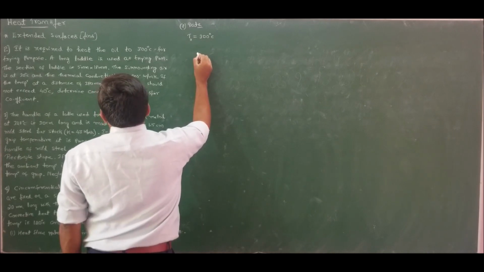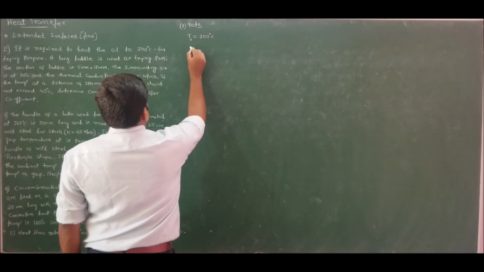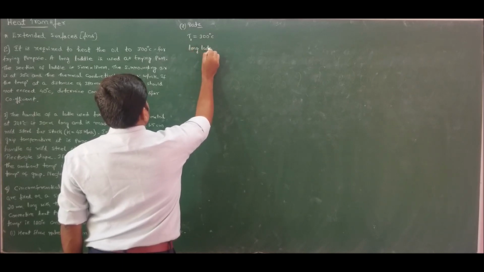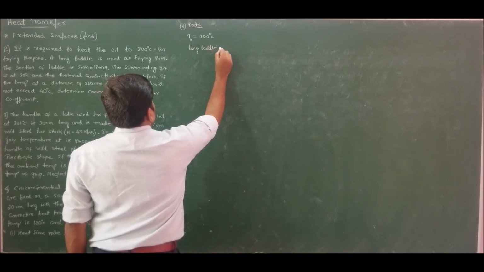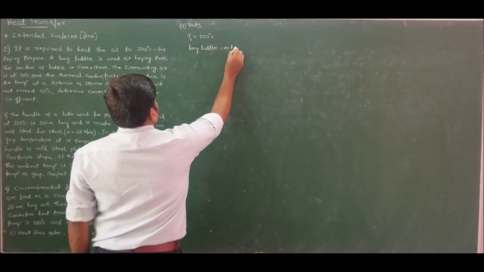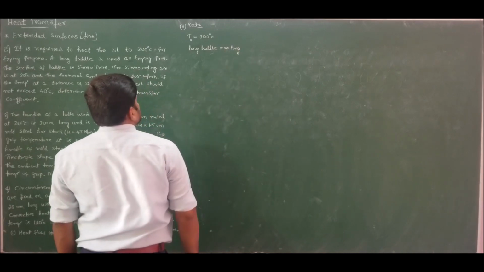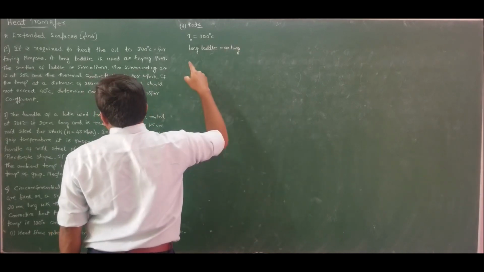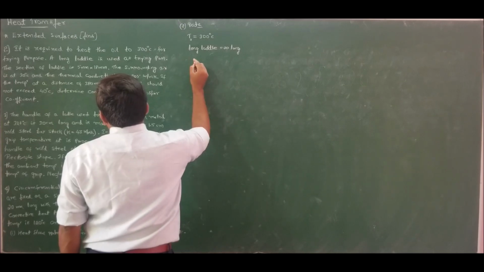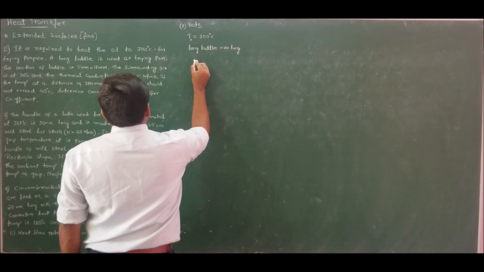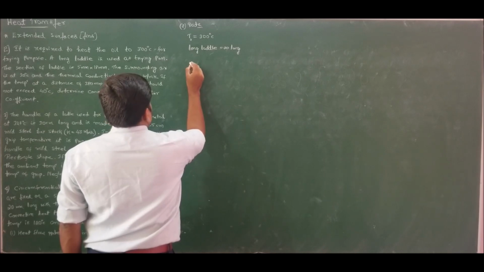A long ladle is used as frying pan. Since he is stating a long ladle, we can consider it as infinitely long. He is also not specifying the length. The section of the ladle is specified as 5 mm cross 18 mm. So he is specifying the cross section.